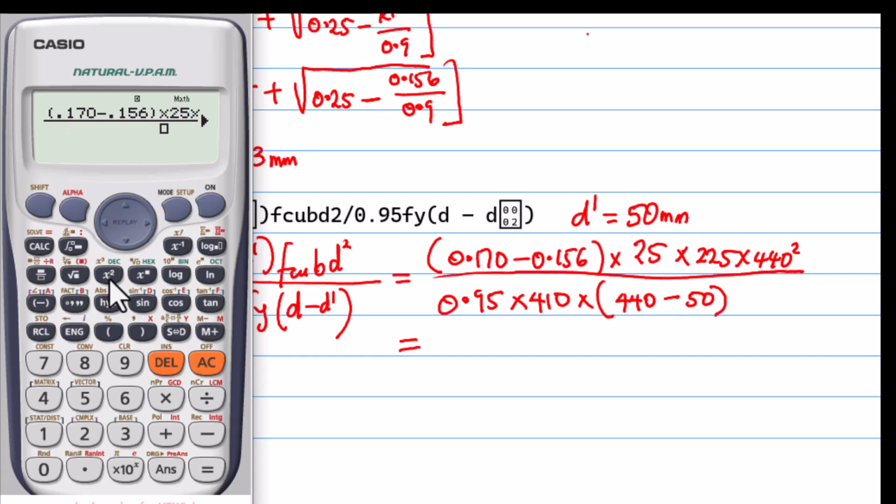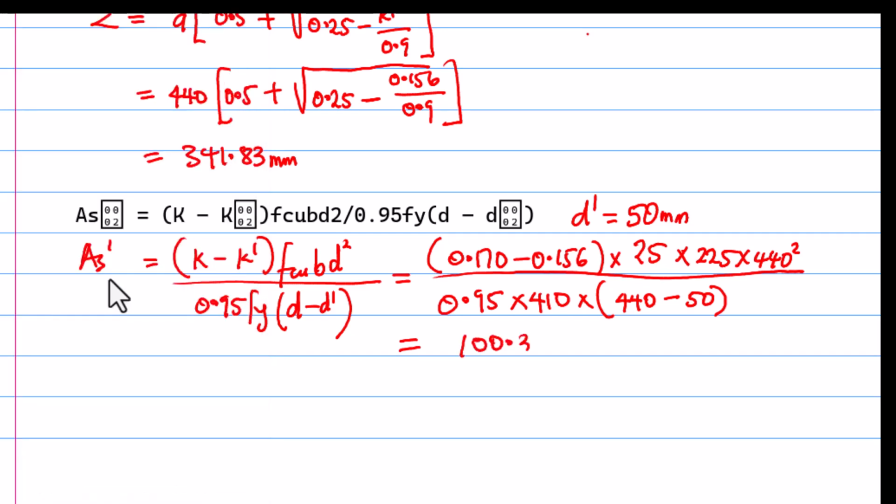Okay, then we have 0.95 times 410 times bracket open 440 minus 50, close the bracket back, and we have 100.37 mm squared.